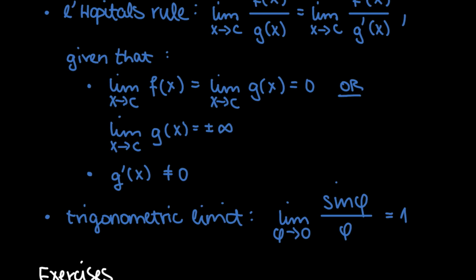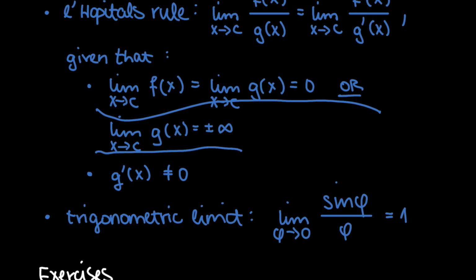So the restrictions say that obviously g dashed of x cannot be 0 because we have the g dashed of x in the denominator here, and we can't have 0 in the denominator. So this restriction is pretty self-explanatory. And then as for the other one, we have this one and we have this one.